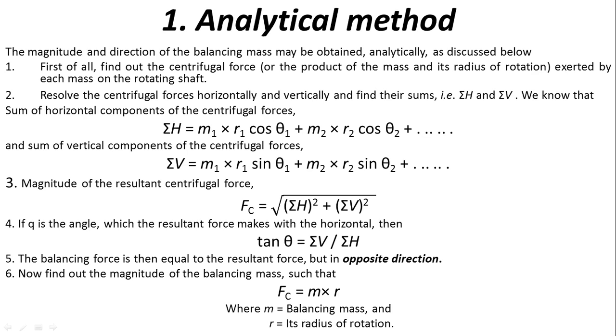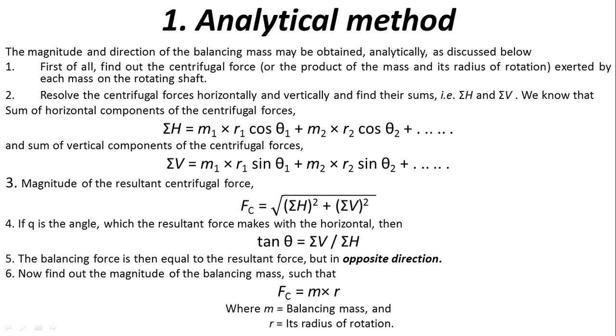In the same way, the sum of the vertical components is the summation of V: m1 r1 sin theta 1 plus m2 r2 sin theta 2, and so on. We have taken 4 masses, so it goes up to m4 r4 sin theta 4.